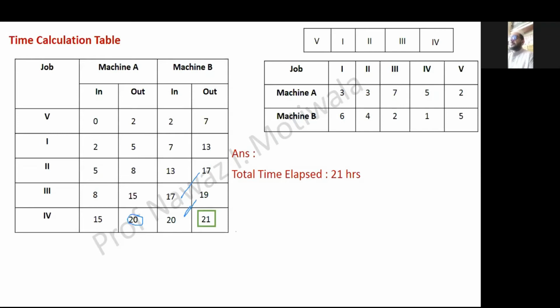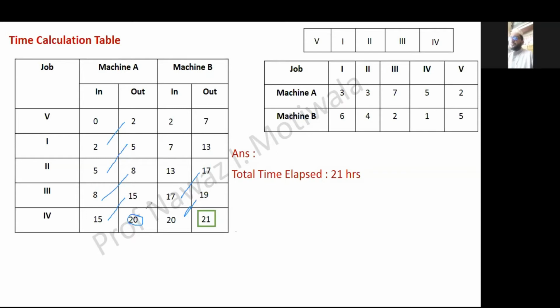Now the third answer. In the third answer we want the idle time of machines M1 and M2. So now we will go here logically. See here, out time is 2, in time is also 2. So no waiting time. 5 and 5, again no waiting time. 8 and 8, no waiting time. 15 and 15, again no waiting time.